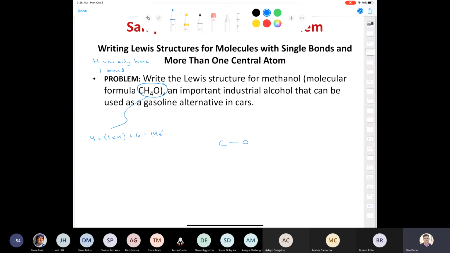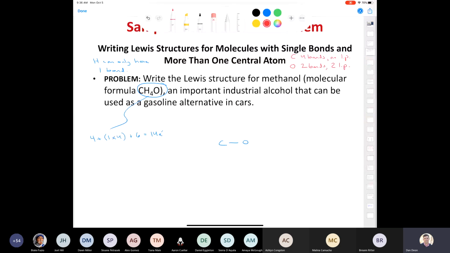Now, if you're wondering, how did you know that, Mr. Dion? How do you know that the carbon and the oxygen have to be attached to each other? Because there's a couple more things that I used here at my disposal. Carbon always has 4 bonds, okay, and no lone pairs, and oxygen has 2 bonds and 2 lone pairs.